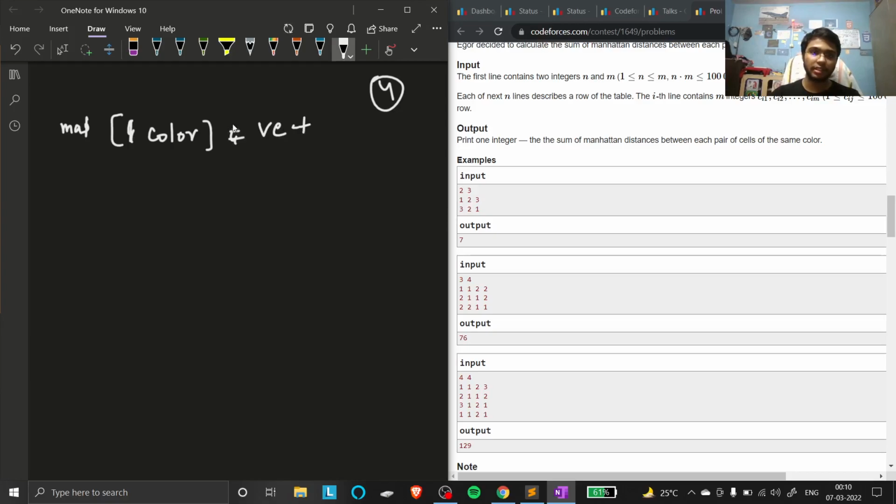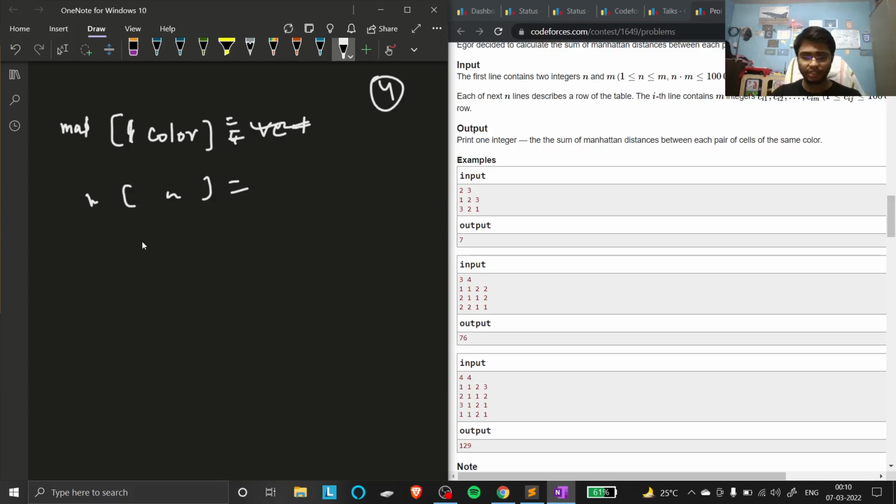The second part of the map would be a vector which stores the x coordinates of that color, and another map which will store the y coordinates of that color.